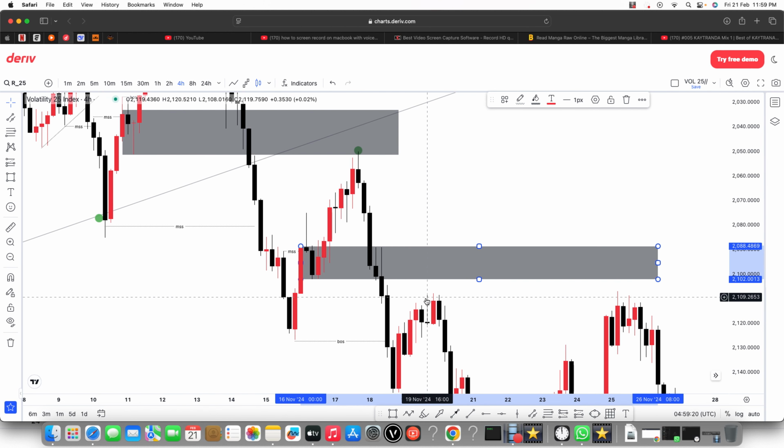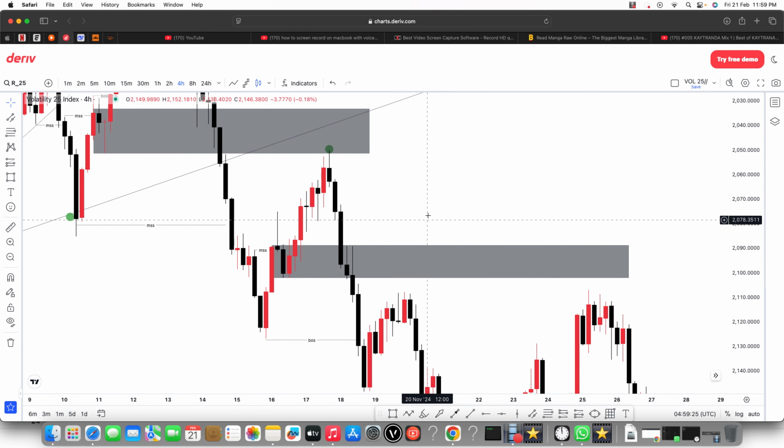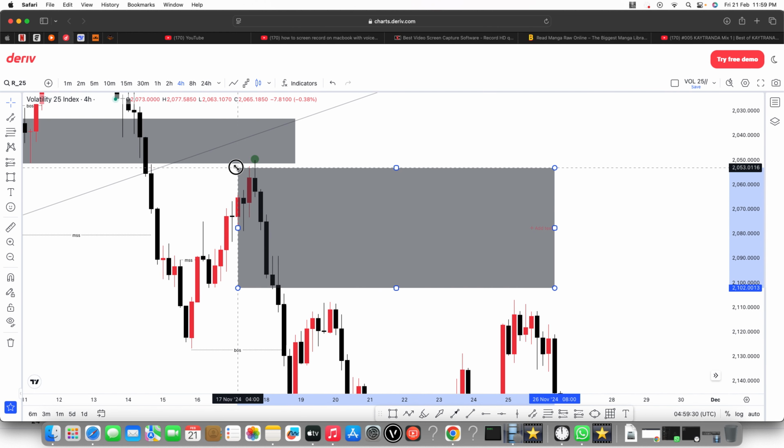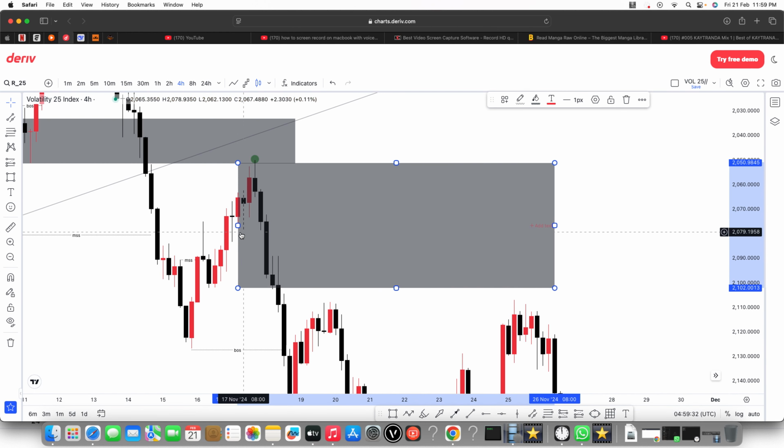As we can see, the market failed to come back to the zone to perfectly test it. So this is an open field that is still waiting to be tested.